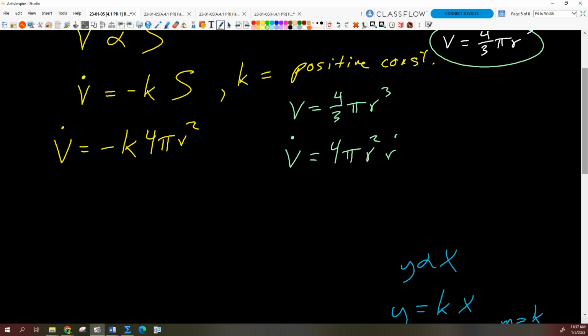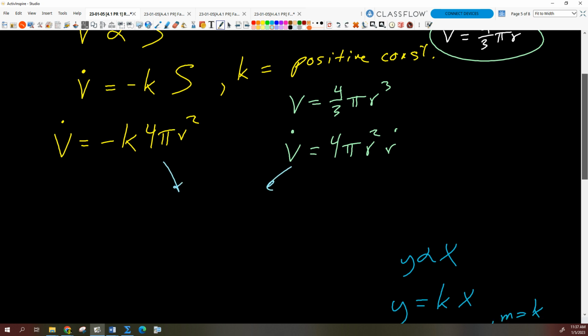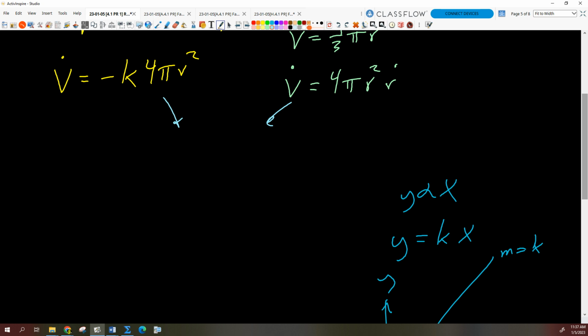Ideas? What do you mean plug it in? Yeah, look, I've got two expressions for V dot, right? So look at this. If I combine those, I plug in to this V dot, I get 4 pi r squared r dot equals negative k times 4 pi r squared.